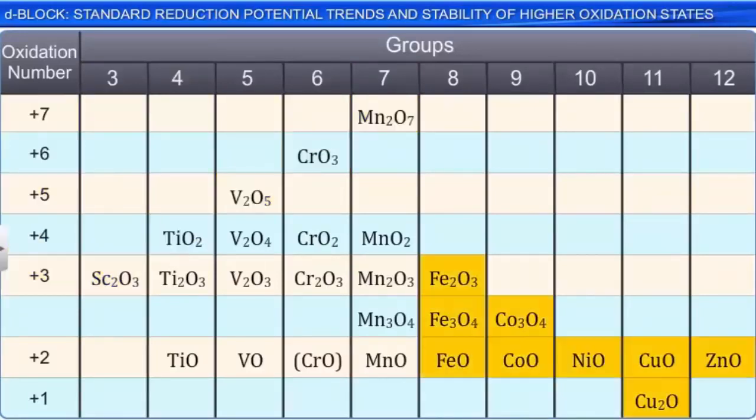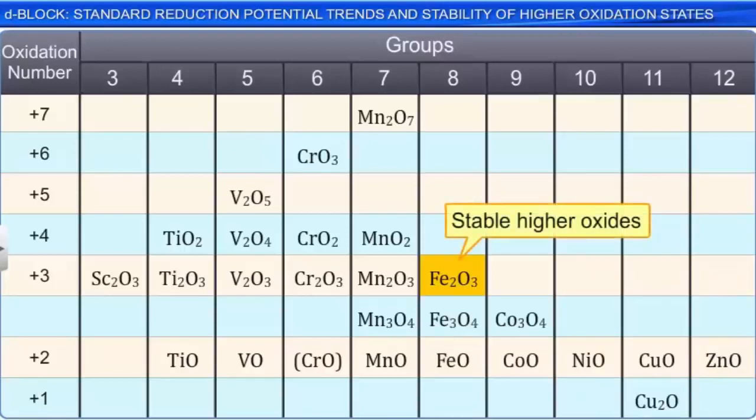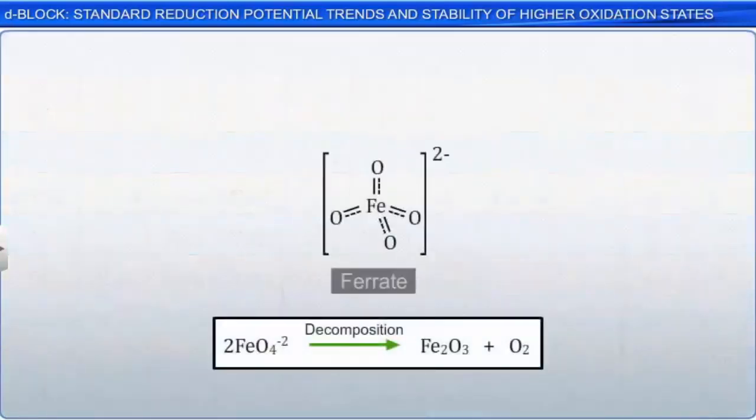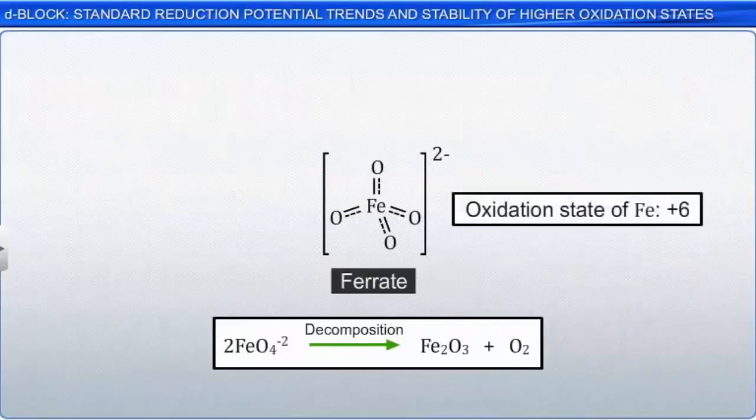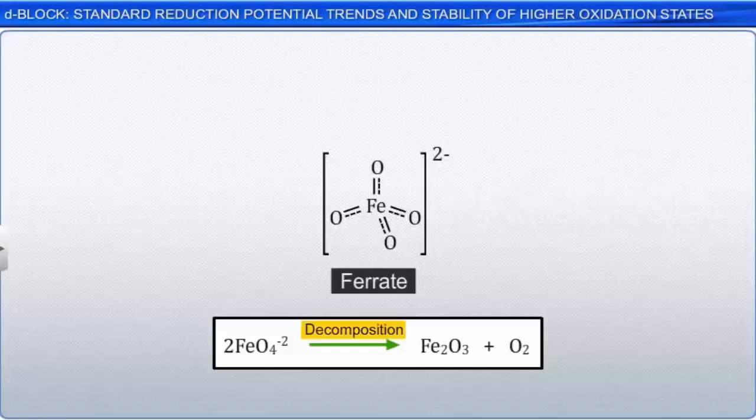No higher oxides are seen beyond manganese. For example, the only stable higher oxide formed by iron is iron-3 oxide. Although iron forms ferrates in alkali media, in which iron is in +6 oxidation state, it readily decomposes into iron-3 oxide and oxygen.